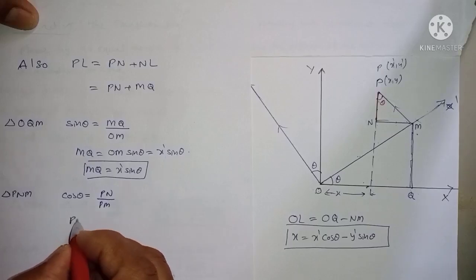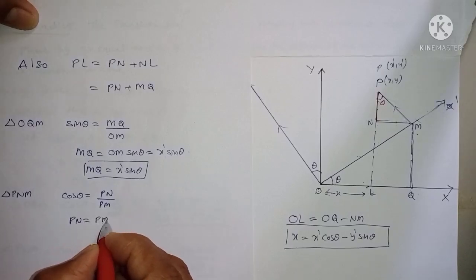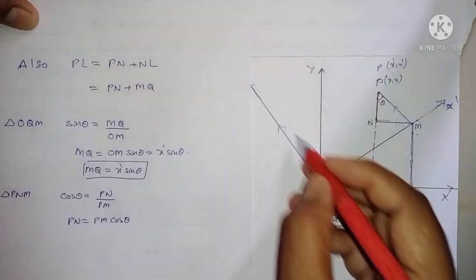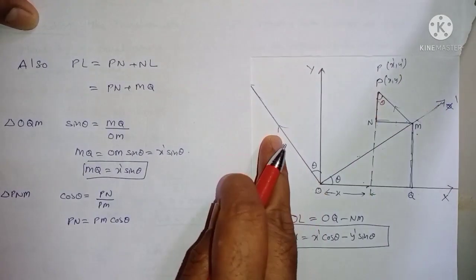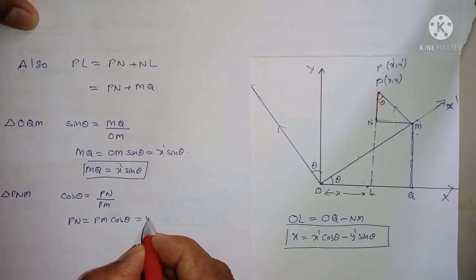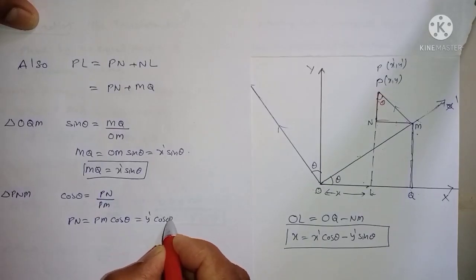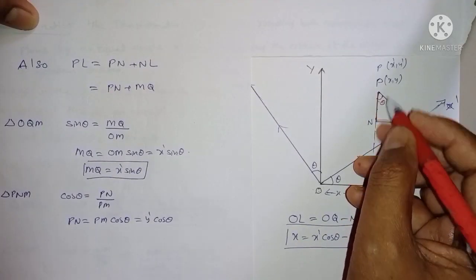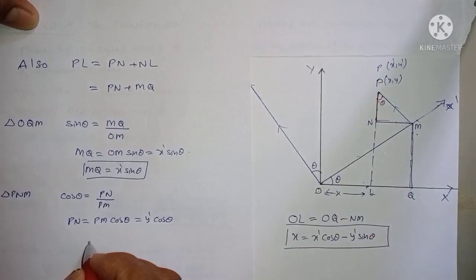Therefore PN is equal to PM cos theta. PM you know is the direction y dash. Therefore I can write y dash cos theta. So PN is equal to y dash cos theta.